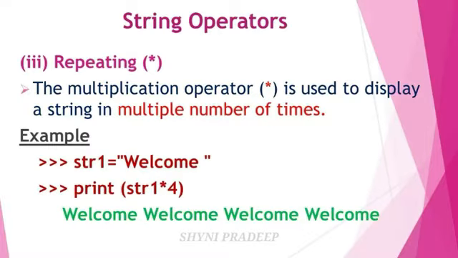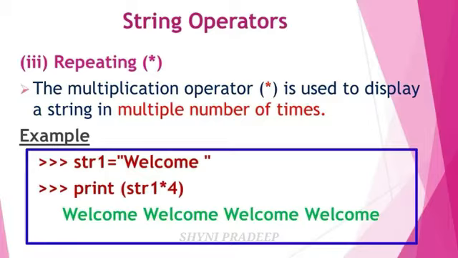See this example. str1 is equal to welcome. This welcome is a string. If you want to print this string 4 times, you have to write print str1 into 4. So it will be printed on the output screen like this: welcome, welcome, welcome, welcome.